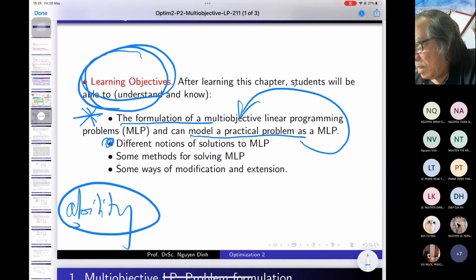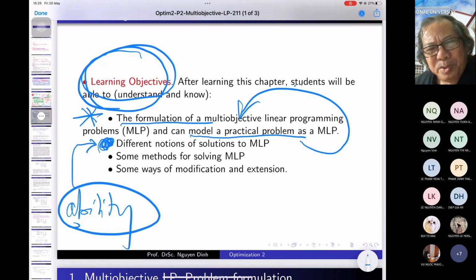The second aim of this chapter is to supply to you different notions of solution to multi-objective linear programming.